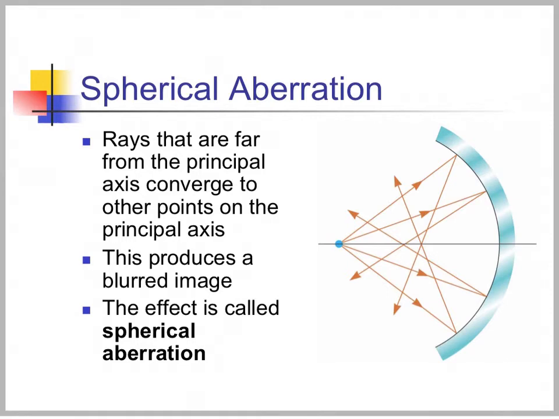So, for example, light rays that come off here come back and focus at this point here, but light rays that go far from the axis focus at a different place. So if I'm trying to project this on a screen here, I'm going to get a blurred image as different light focuses at different places.